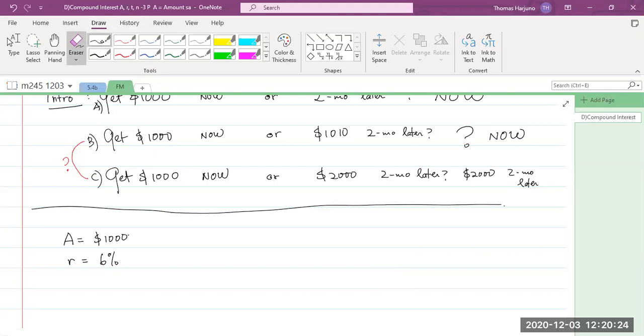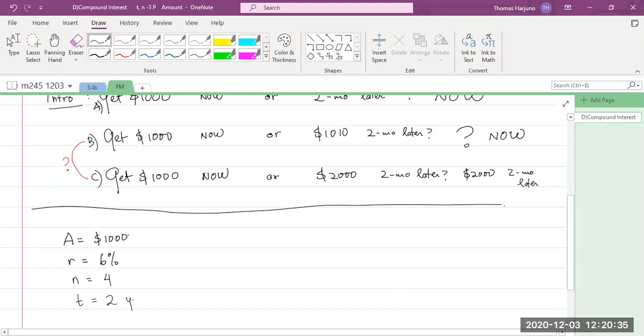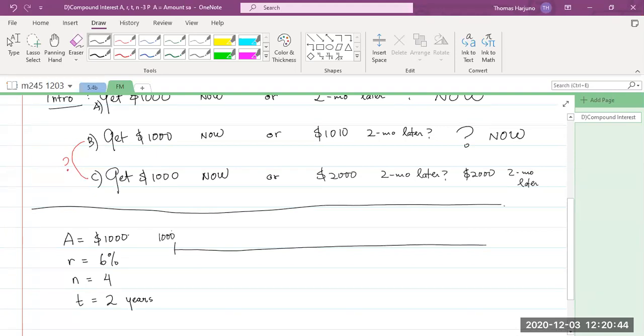Now suppose we say that compounding is done 4 times a year. How much money do you have in the account after 2 years, let's say? I give you the scheme first. So right now you have $1,000, you deposit that.